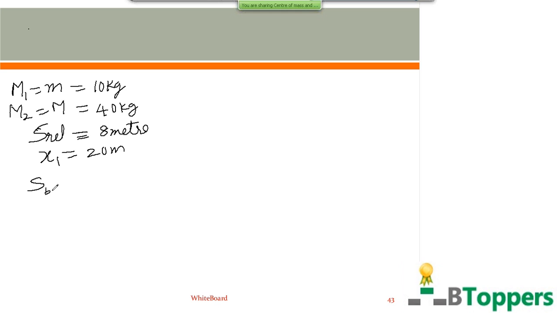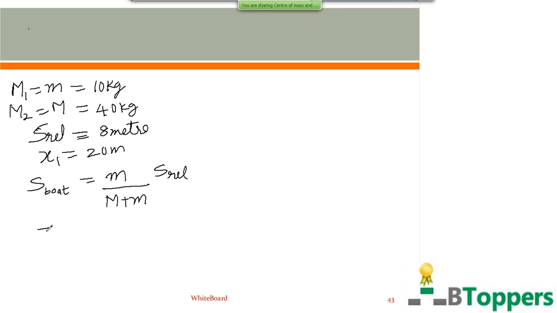If you remember the conclusion I discussed in my previous class for the last special case, the magnitude of the actual displacement of the boat, or distance moved by the boat in the opposite direction, away from the shore, is given by small m divided by capital M plus small m, into the magnitude of the relative displacement of the boy with respect to the boat.